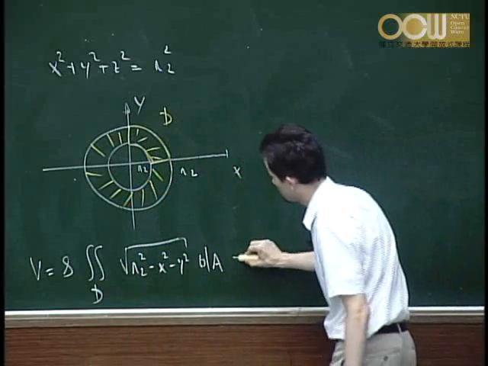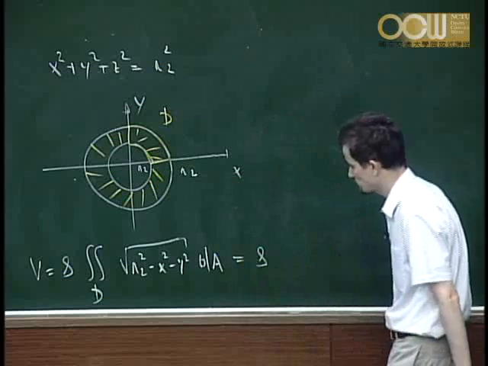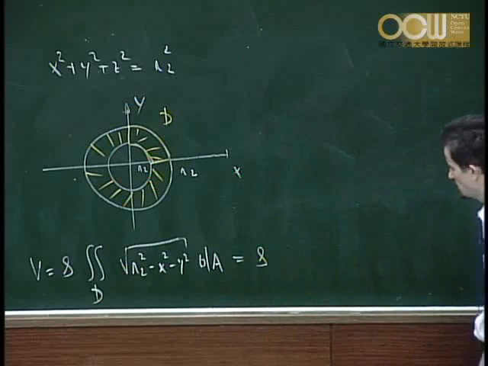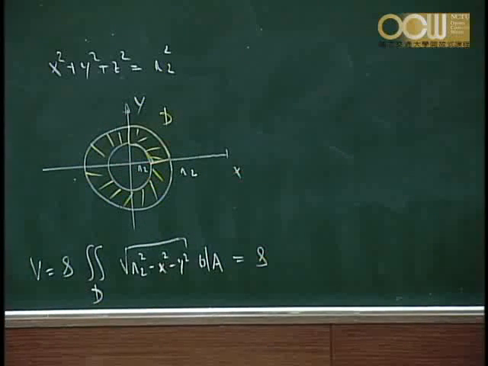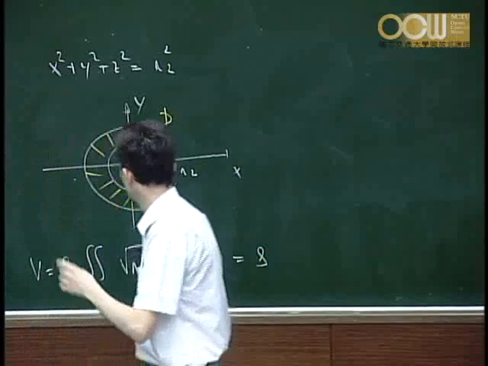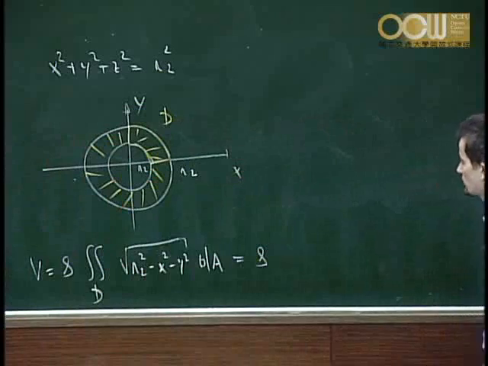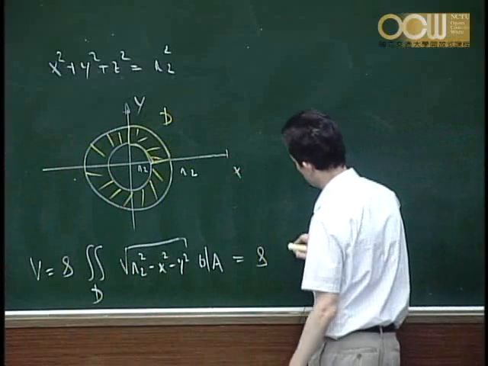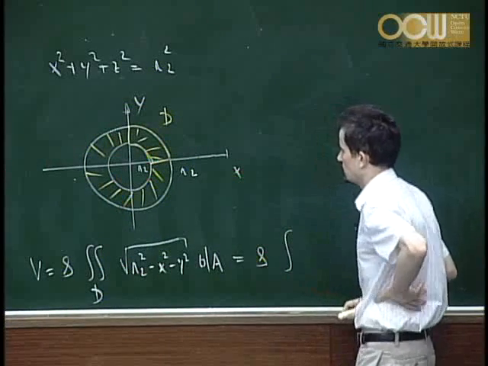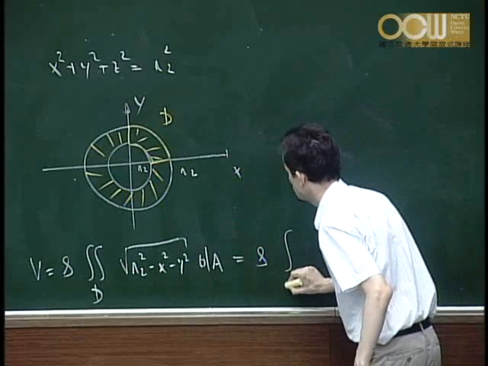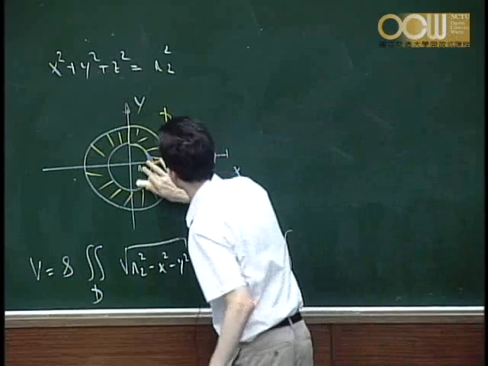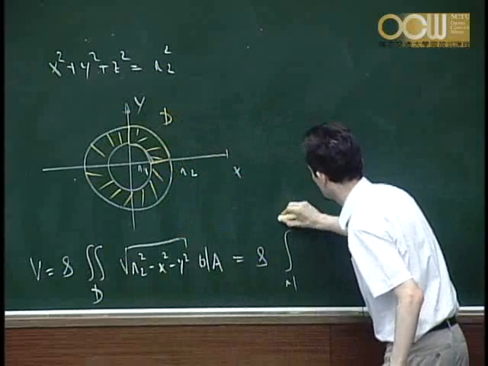So you see this is not complicated to compute, but the trick is to change. This would not be too complicated either if you do not change to polar coordinates, but you certainly see that there is an advantage changing to polar coordinates. So if you change to polar coordinates, your r is from r1 to r2.